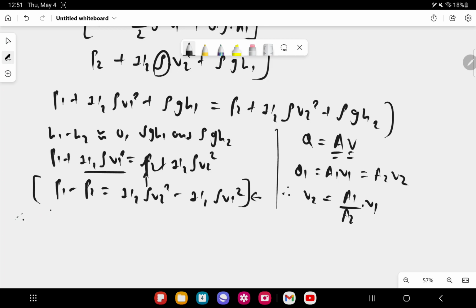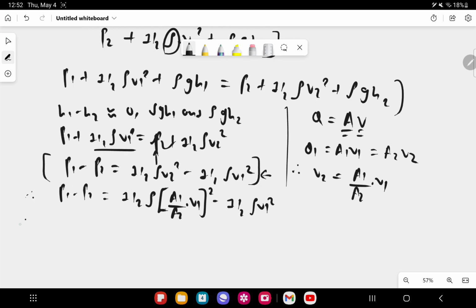And therefore P1 minus P2 is equal to 1/2 rho times V2 squared, where V2 is equal to A1 over A2 times V1, minus 1/2 rho V1 squared as it is. Therefore P1 minus P2 is equal to 1/2 rho V1 squared times (A1 divided by A2) squared minus 1.